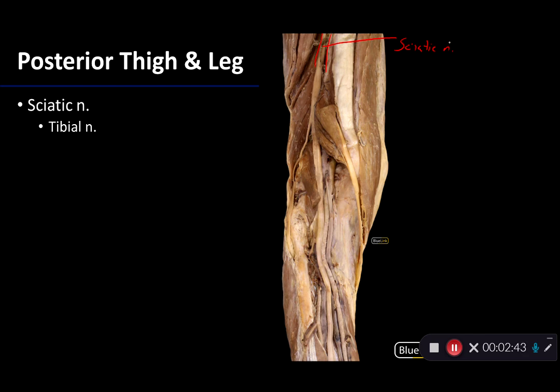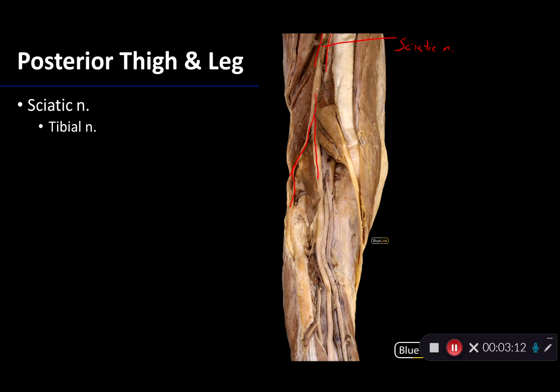And here we're in the popliteal fossa, and we can see that sciatic nerve branching into a common fibular as well as the tibial, and that common fibular is then going to branch into the superficial fibular and the deep fibular, as we'll see.